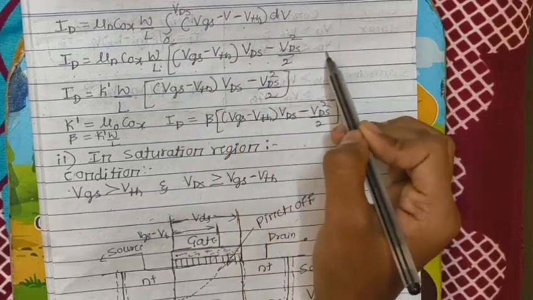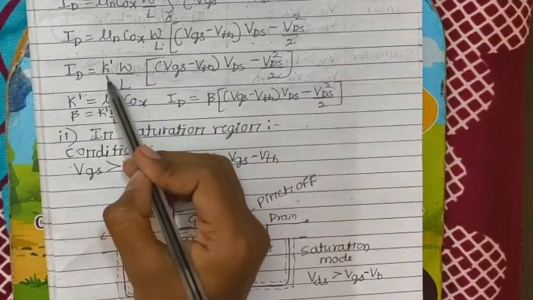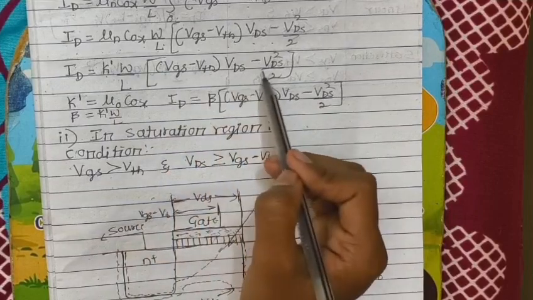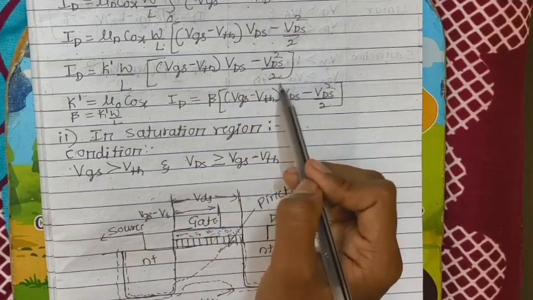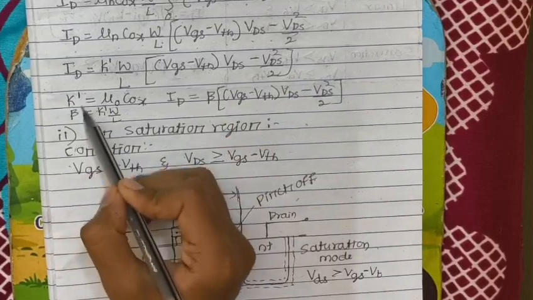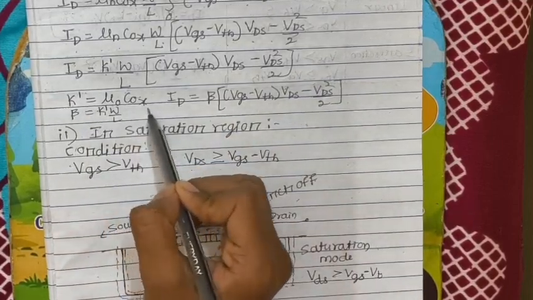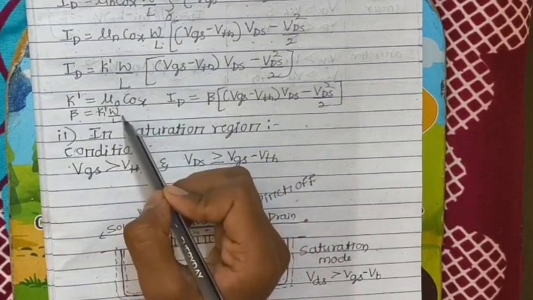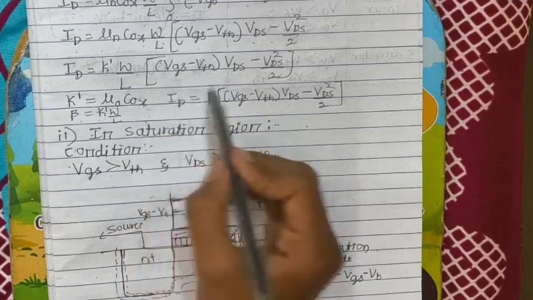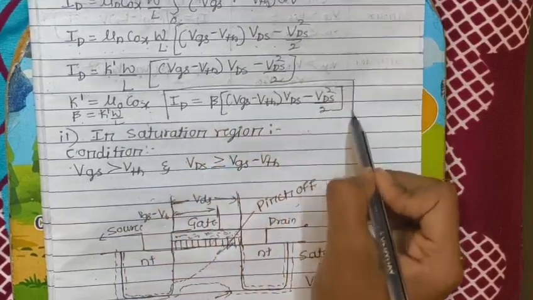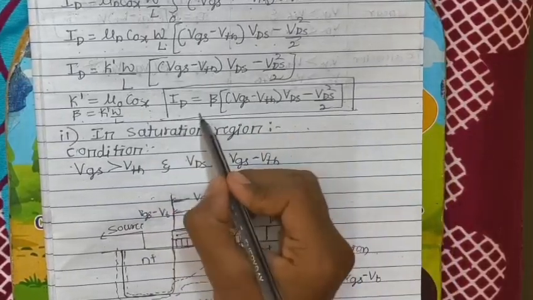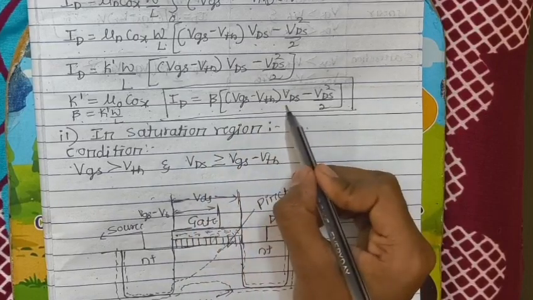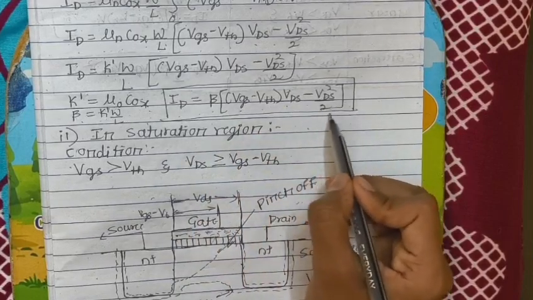Then ID is equal to K dash W by L into VGS minus VTH VDS minus VDS square by 2. Here K dash is mu naught COX and beta is equal to K dash into W by L. The final equation is ID is equal to beta into VGS minus VTH into VDS minus VDS square by 2.